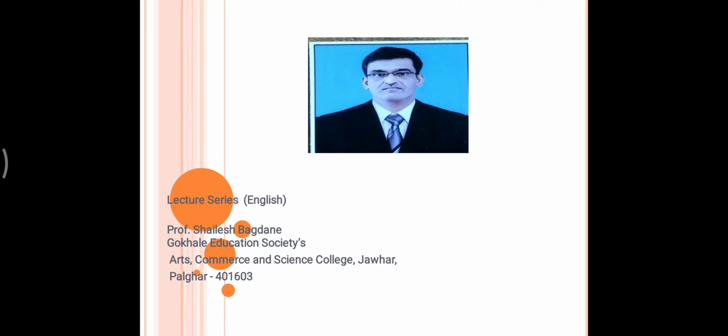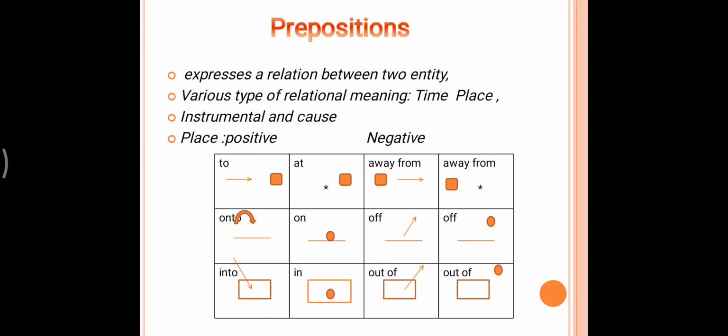So in today's video lecture we have studied the place related dimension, negative, direction, position, positive and negative. So we have studied these types of prepositions and 12 prepositions that we could go through.